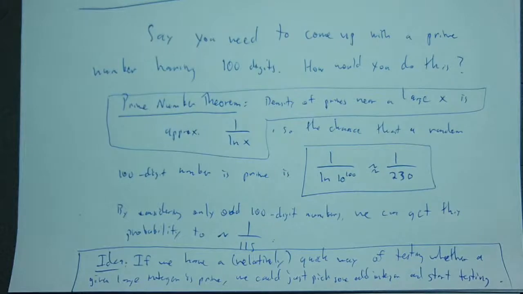Okay. And the point is that if this method of testing is fairly quick, then the fact that the probability that an odd 100-digit number is prime is like 1 in 115 means it won't take too long to find this 100-digit prime that we're looking for.